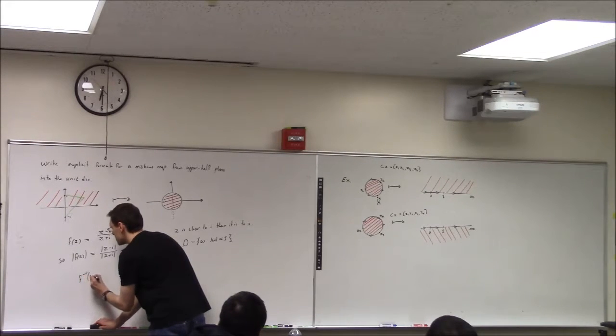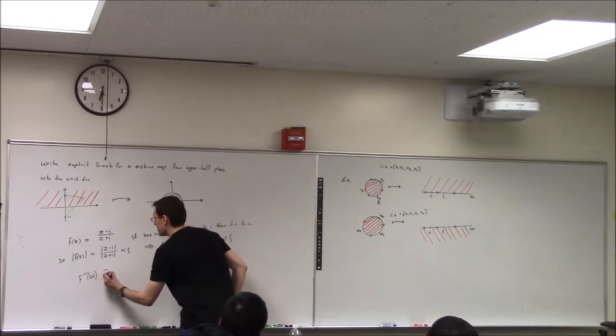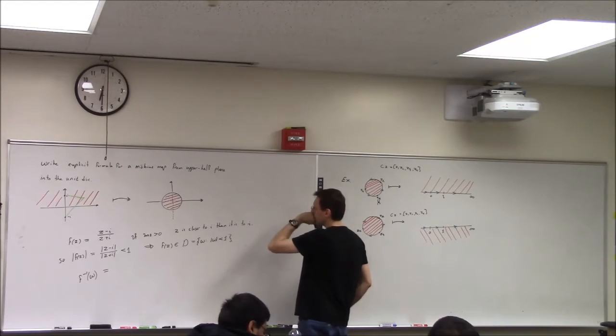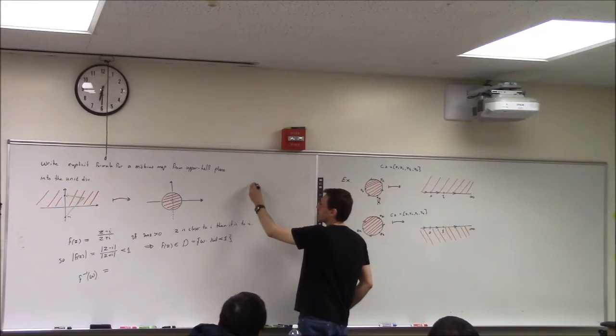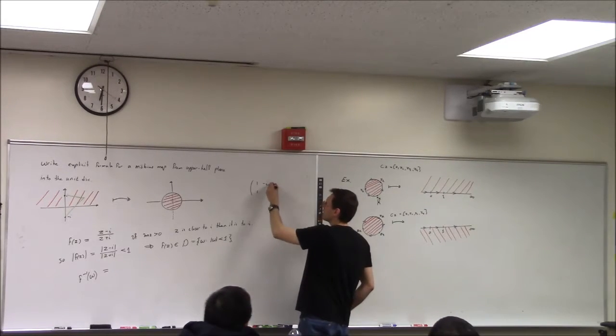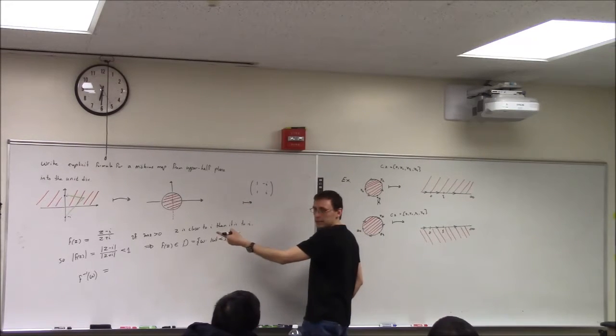The way to find this formula is you look at the coefficient matrix of f of z. F of z has the coefficient matrix 1, minus I, and here we have 1 and I. You can just do that by direct calculation.